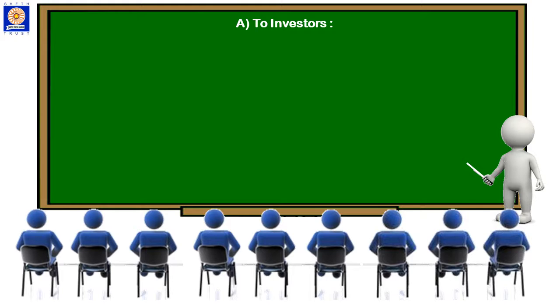Students, before moving further, I would like to advise you that under the depository system, securities are held in electronic form, and the transfer and settlement of securities are done electronically. The depository system maintains accounts of the shareholders, like bankers maintain accounts of account holders.